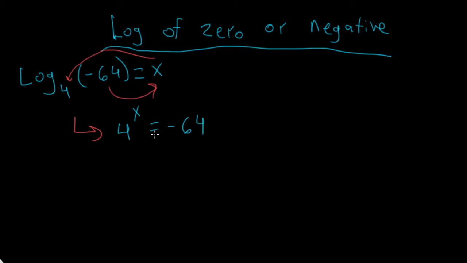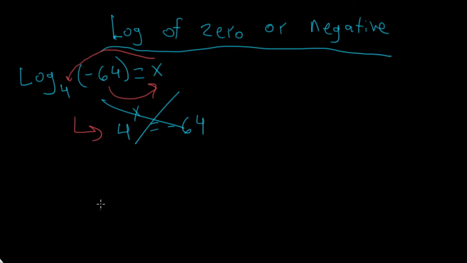Now what you should realize here is that you can't have a positive number raised to any sort of power and get a negative number, because a positive times a positive times a positive, no matter how many times you go, will never give you a negative number. So the answer does not exist. It's not possible to be worked out. It is similar if we have, say, log base 5 of 0 is equal to x.